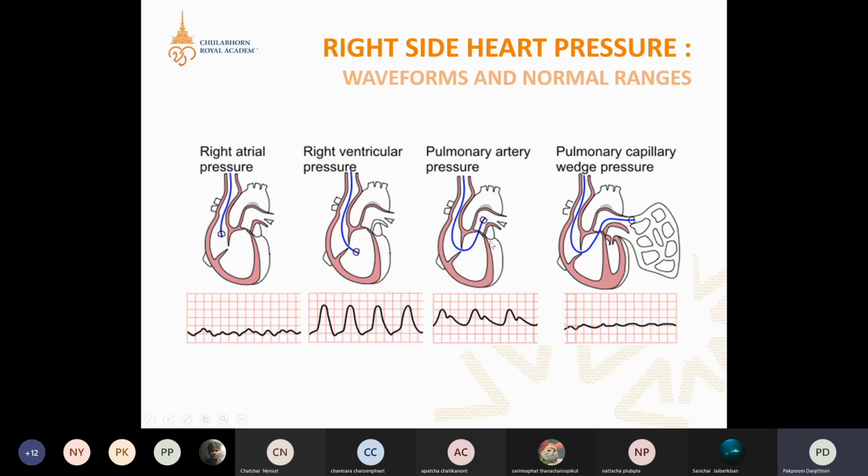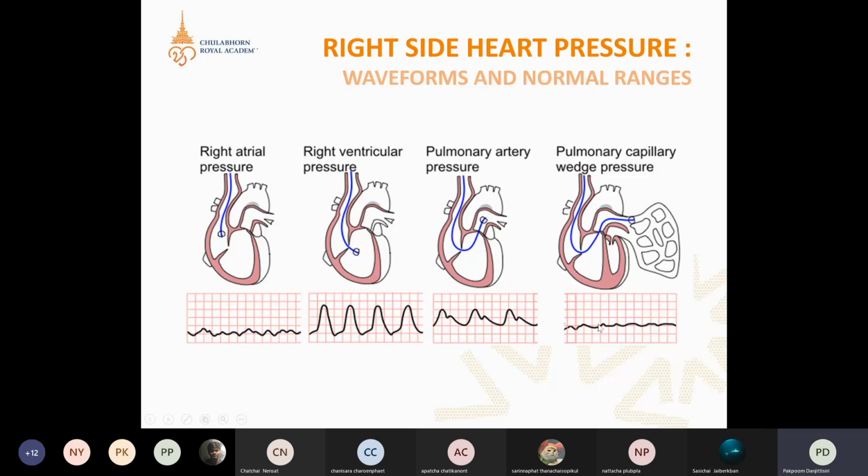After that, the doctor will advance the catheter to the pulmonary branch over here, and then try to blow up the balloon at the end of the catheter, and the pressure you get will be like this.